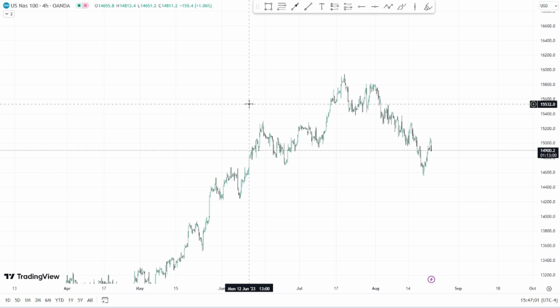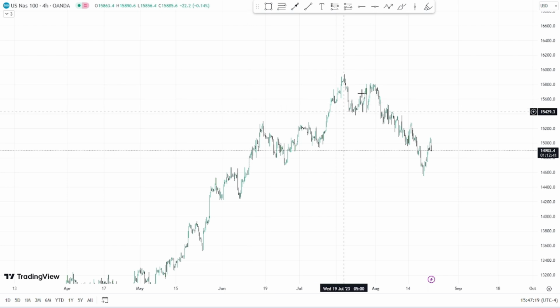Then if you are a day trader, I will still dive deep and show you how you could have capitalized, or how you can still capitalize from this trade. I'm going to break down Nasdaq and do the top-down analysis of it, then we can have a better understanding of how it moves.